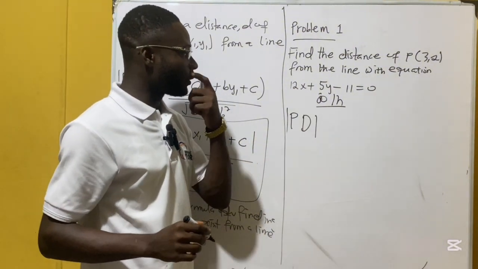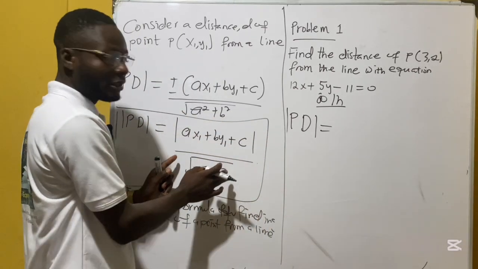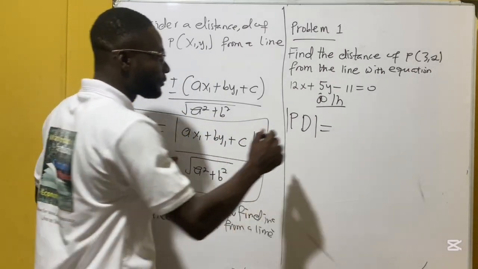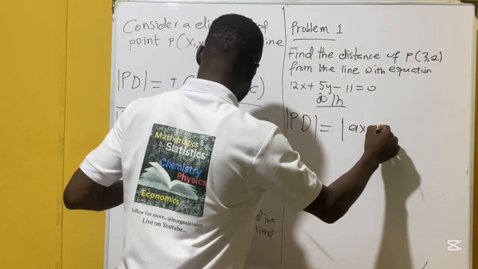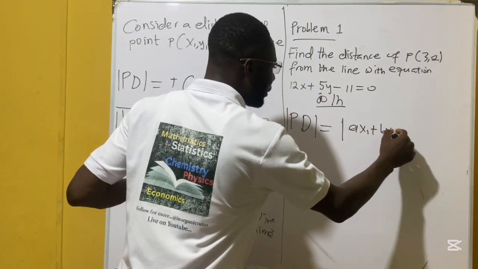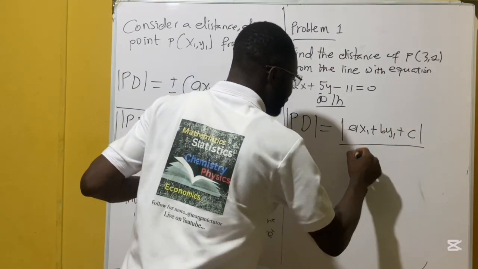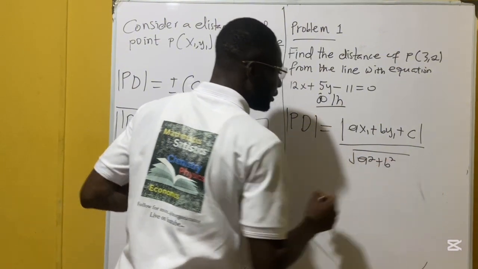So that is going to be equal to the formula. Now we don't need to derive the formula anymore. So we have the formula here, that is the absolute of ax1 plus by1 plus c all over the square root of a squared plus b squared, right?